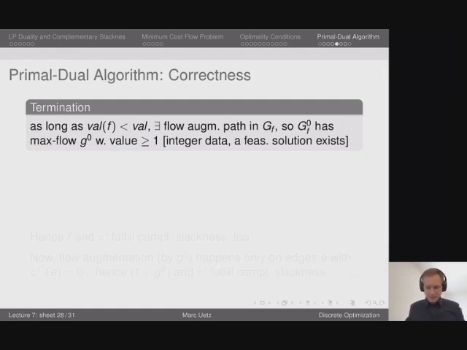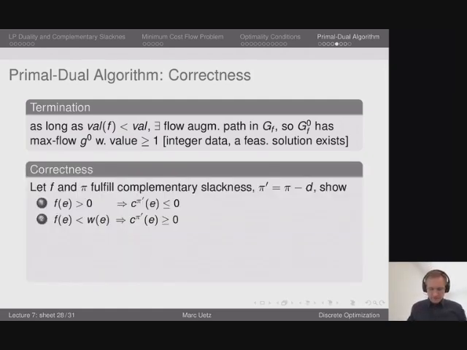How do we show correctness? And this we do in the following way. It's an inductive proof on the number of iterations. So we start an iteration with the assumption that f and pi fulfill complementary slackness for the given current flow value. And we have updated the node potentials to be pi prime, subtracting these cheapest path lengths.